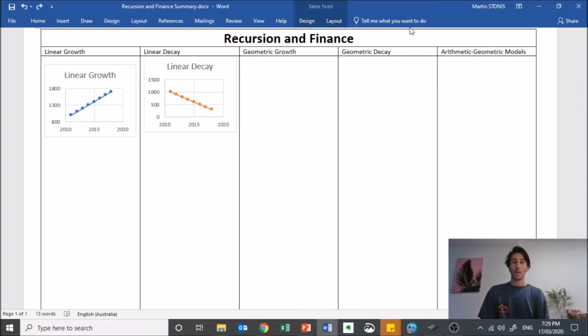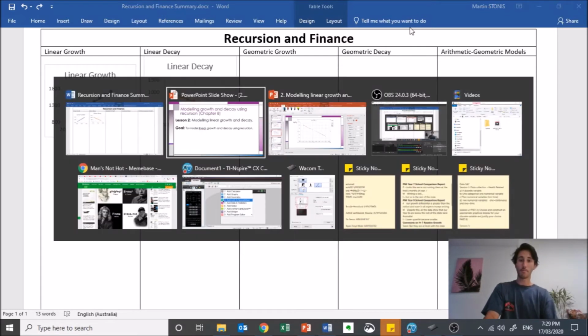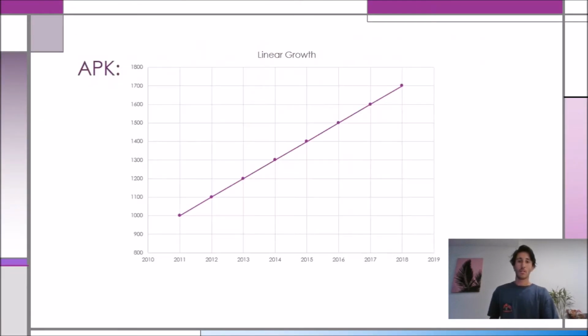Now, in today's lesson, we're looking at both linear growth and linear decay. I've got a couple of pictures here. Let's look at them a bit bigger. So for linear growth, we've got something that changes over time, and each time period that it changes, 2011 to 2012, we're getting the same amount of growth.